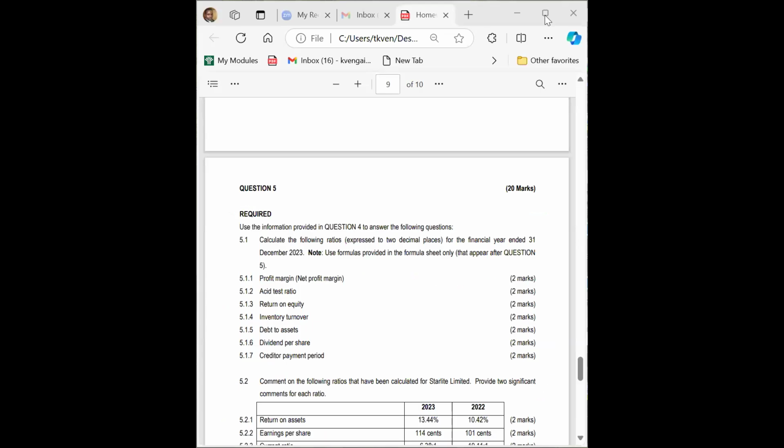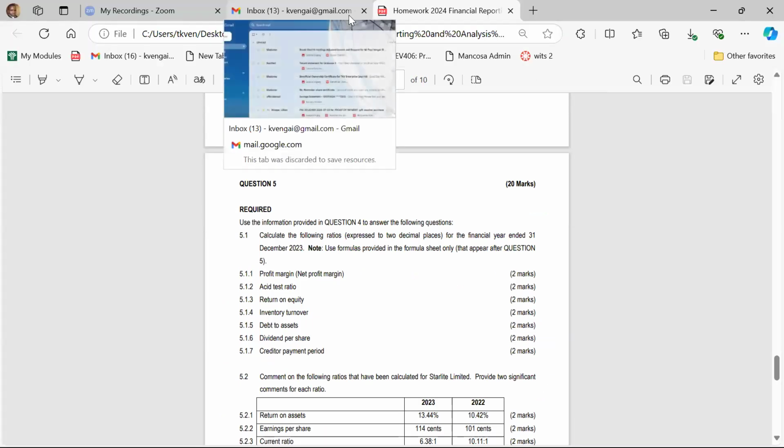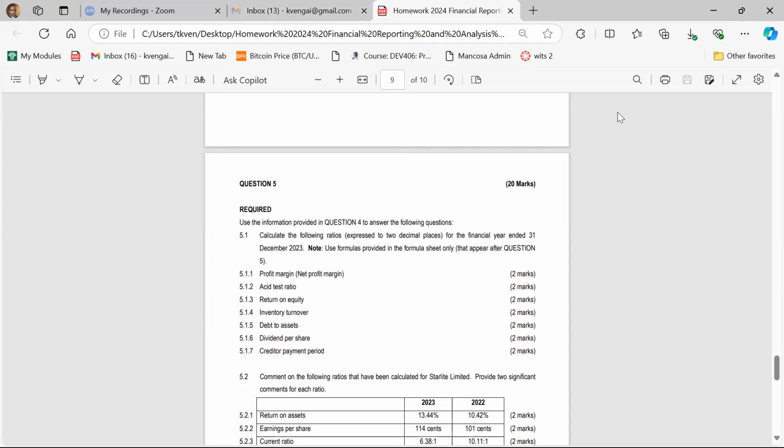All right, so when a business is operating, remember we talked about the financial statements, and we said that a business has got an income statement, a statement of financial position, and a statement of cash flows, which show what the business has done over the last year.